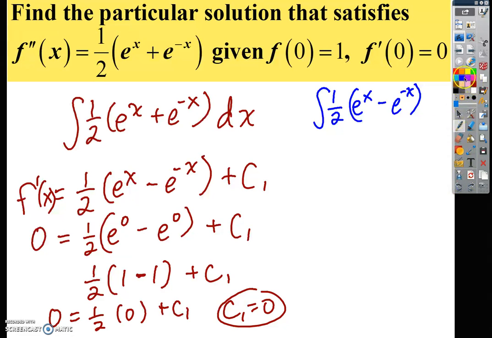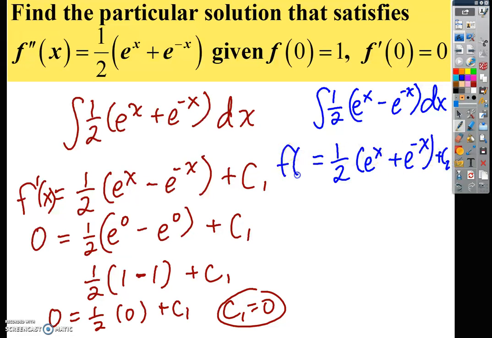So just put dx on that. And so we take our integral again, and we get 1/2 e to the x plus e to the negative x plus c2 is equal to f of x. And so we know when we plug in 0, we're going to get 1 this time.